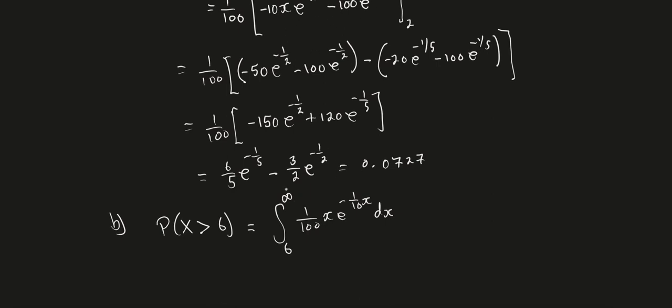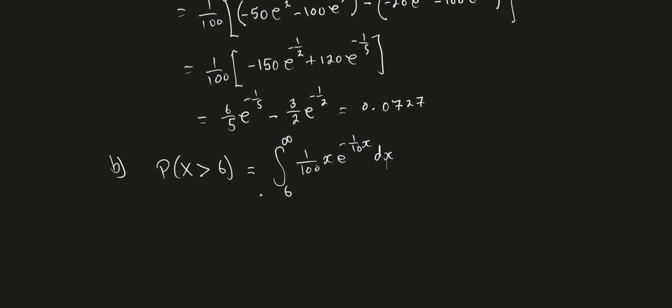antiderivative. But if we have this upper limit of positive infinity, then we would always have to use our process for an improper integral. But why not use the complement? You see, because the sample space of a gamma random variable is from 0 to infinity, we can always deal with just a finite integral if we use our complement rule on something like this. In other words, instead of doing this, just say this.